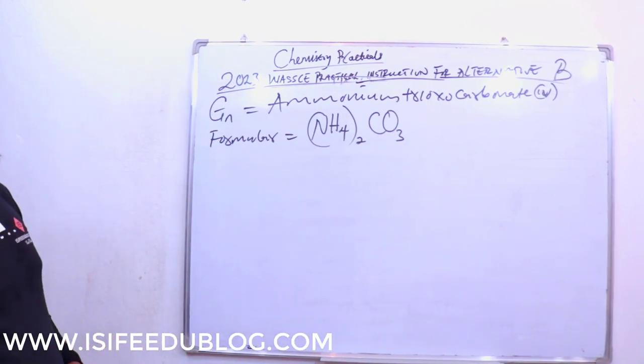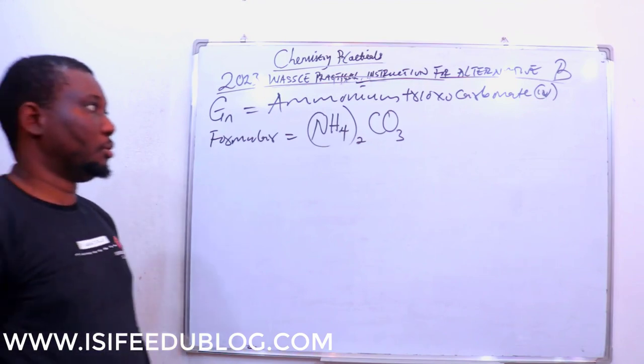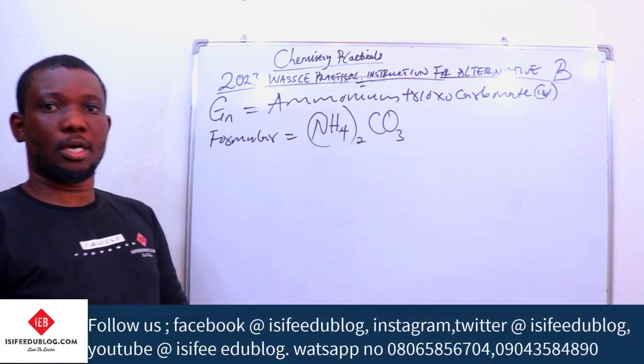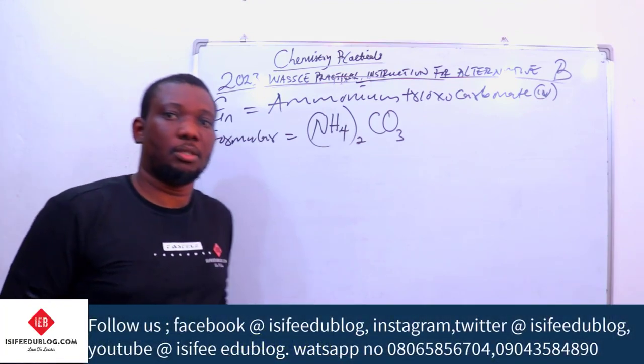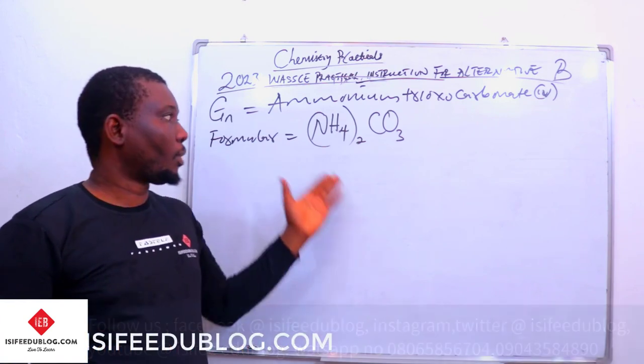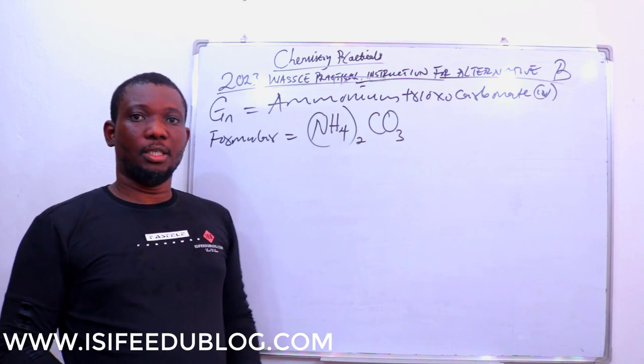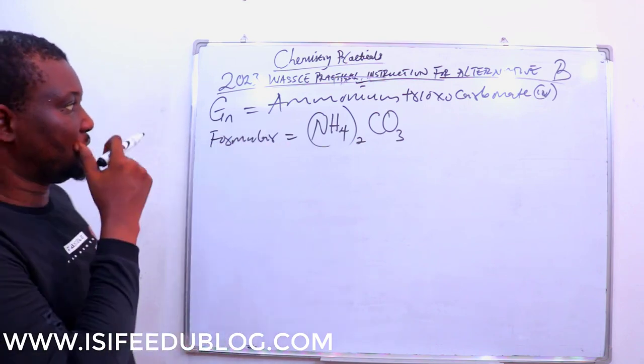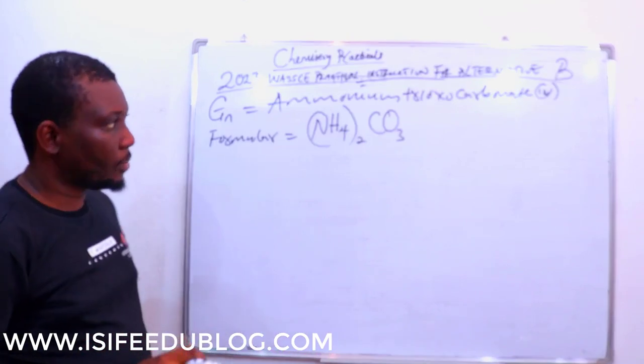Okay, if you are new in this video, or you are a chemistry student but you don't understand how this part works, I'll explain it in a few minutes before we start with the identification of ions.